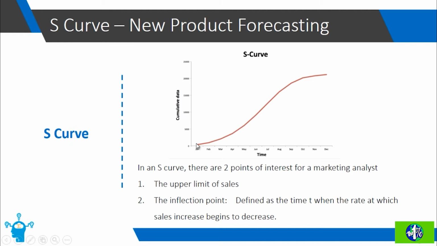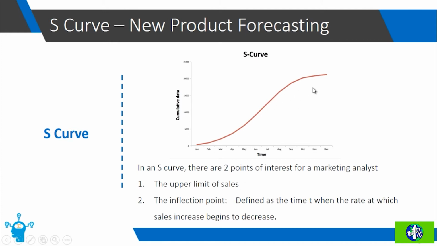When I plot the sales data against time, usually for new products, this S type of curve is observed, where the rate of growth increases in the beginning and then decreases after a certain point. This point in the middle, where rate of growth is 0, is called inflection point.